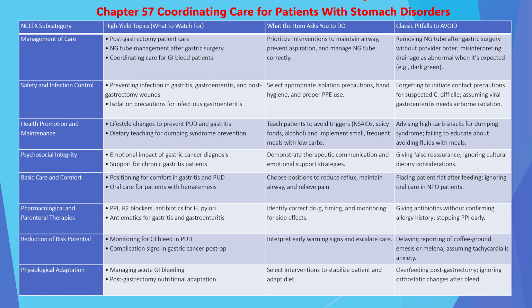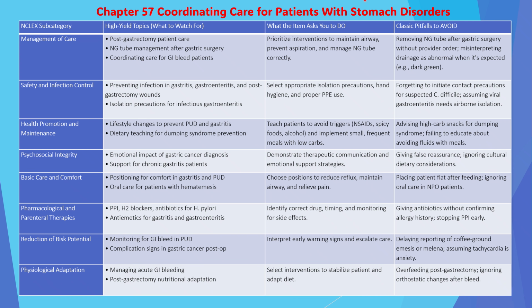For gastric cancer, it's a moderate priority. While less common than peptic ulcer disease questions, our focus here is often on risk factors: H. pylori, smoking, pickled foods, and lack of fresh fruits and vegetables, and post-op care, similar to dumping syndrome management.